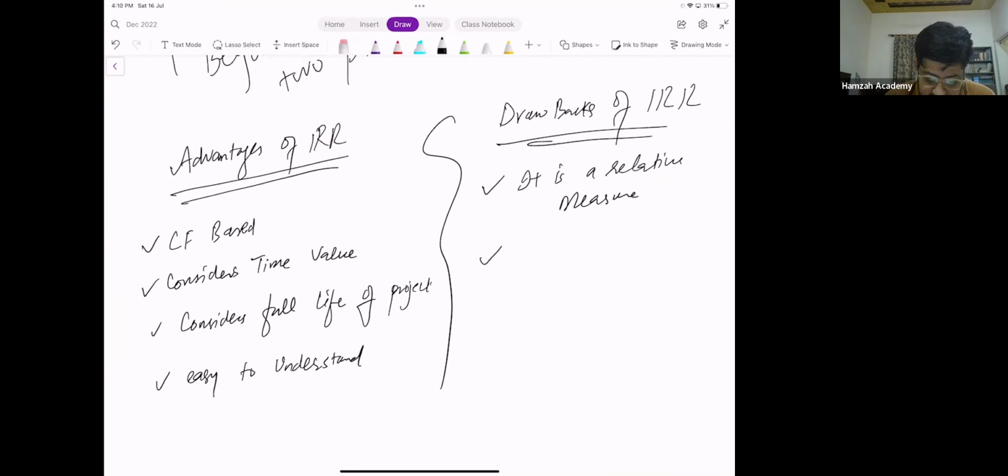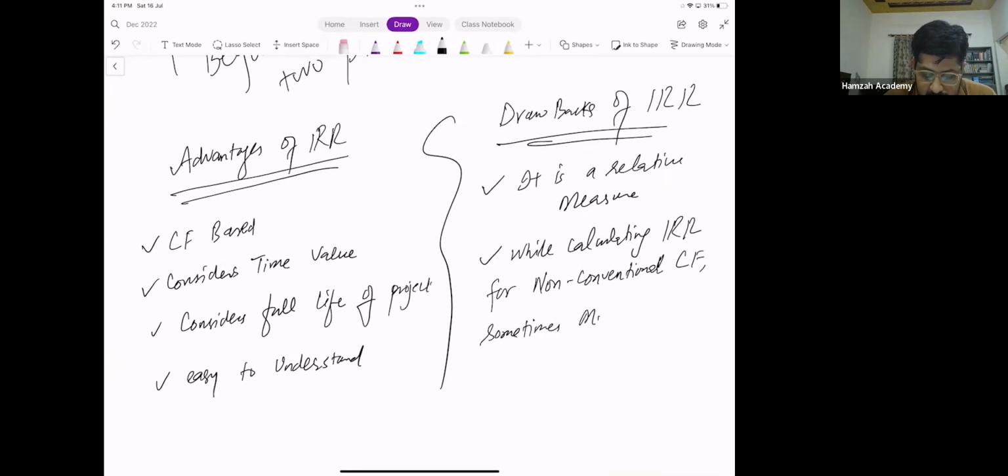Second, while calculating IRR for non-conventional cash flows, sometimes multiple IRRs are generated or no IRR.